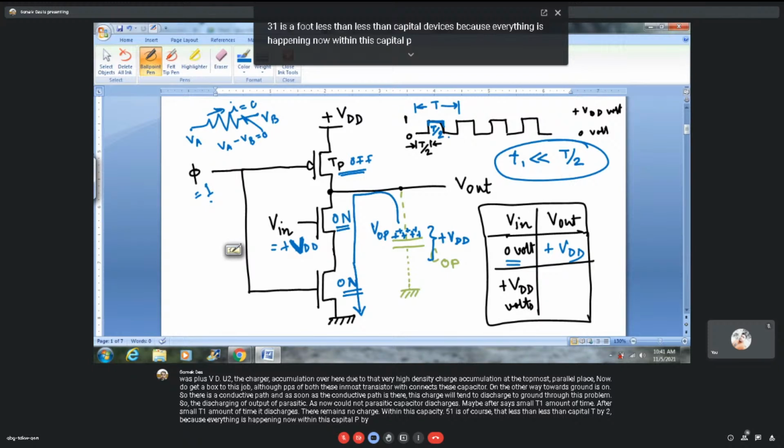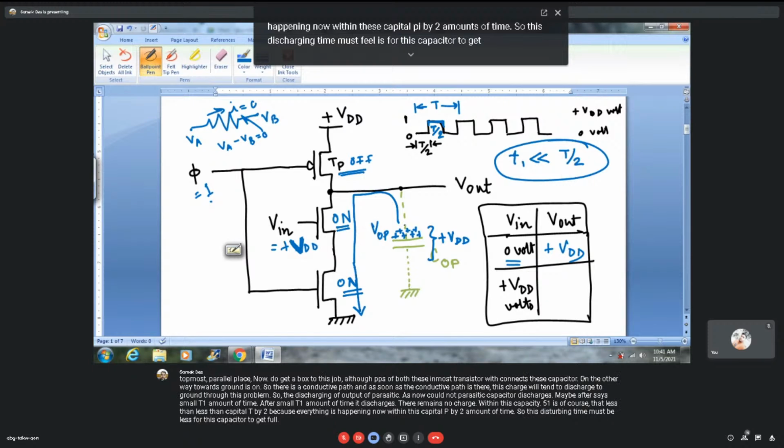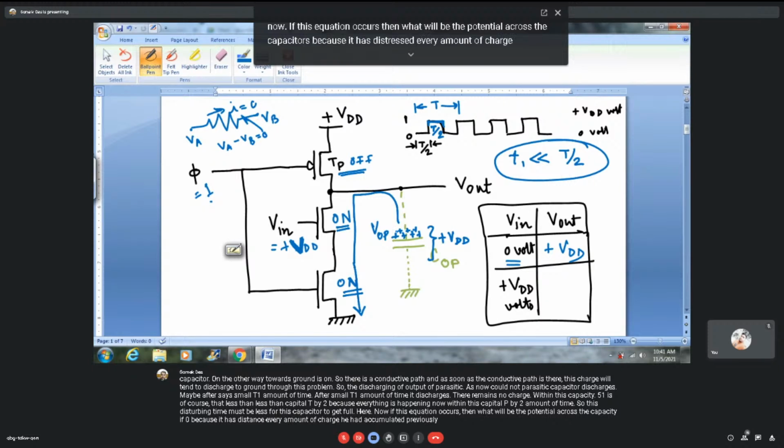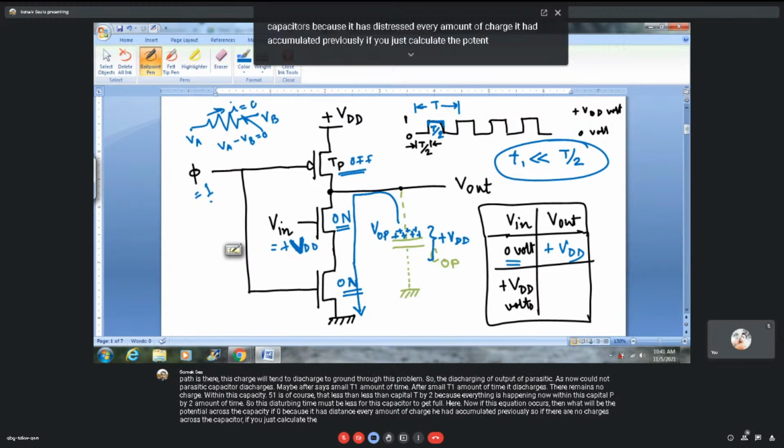So this discharging time must be short for the capacitor to get fully discharged. Now if this situation occurs, then what will be the potential across the capacitor? It will be 0 volt, because it has discharged every amount of charge it had accumulated previously. So if there are no charges across the capacitor, the potential will be 0 volt, as every charge is discharged. So what will be the Vout potential here? 0 volt.